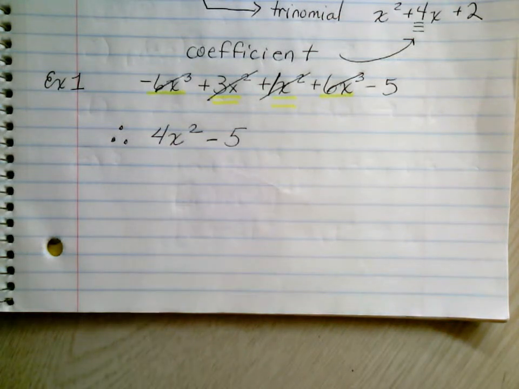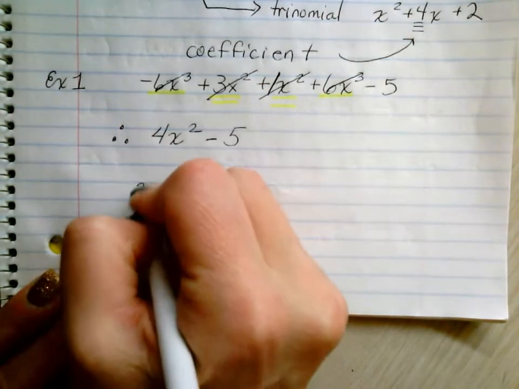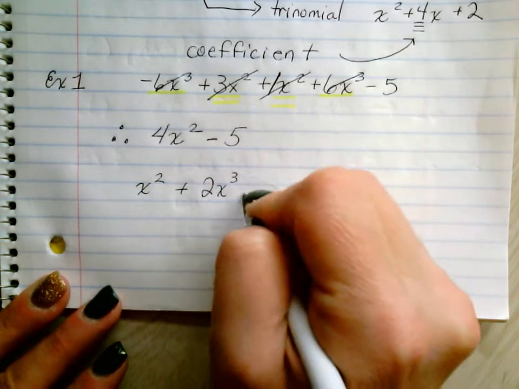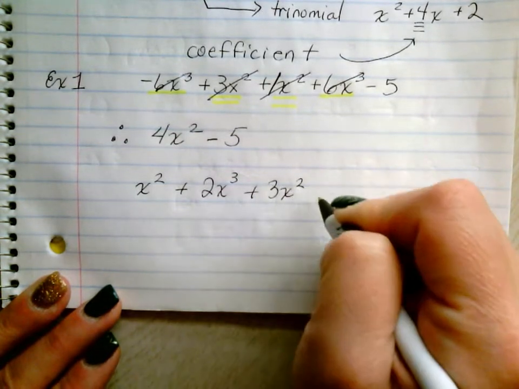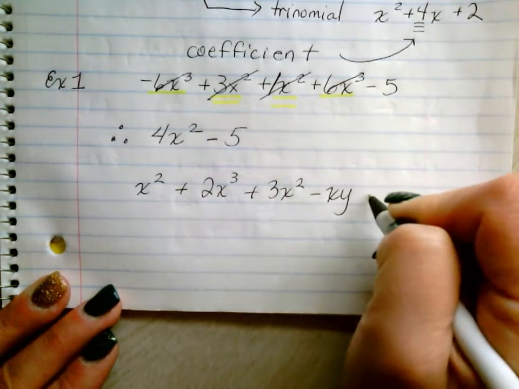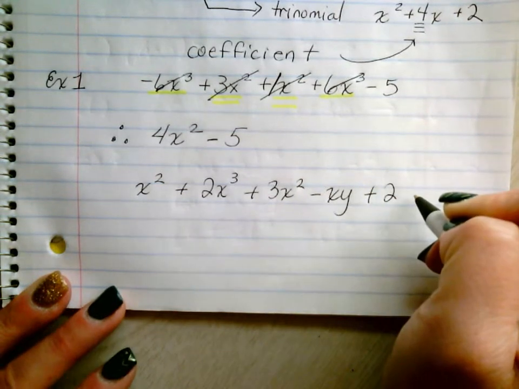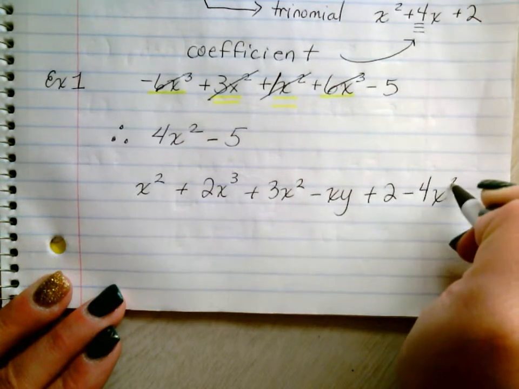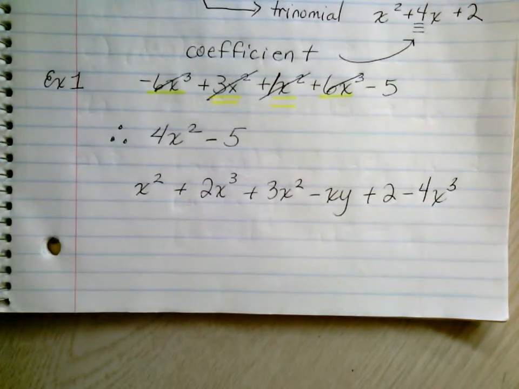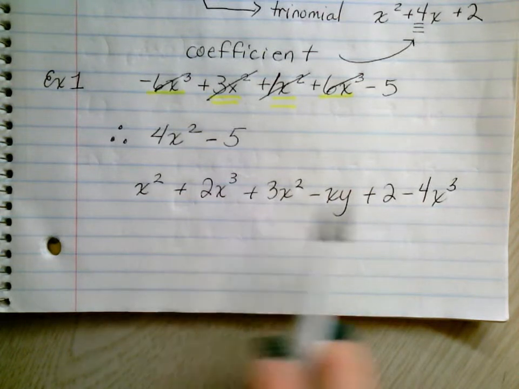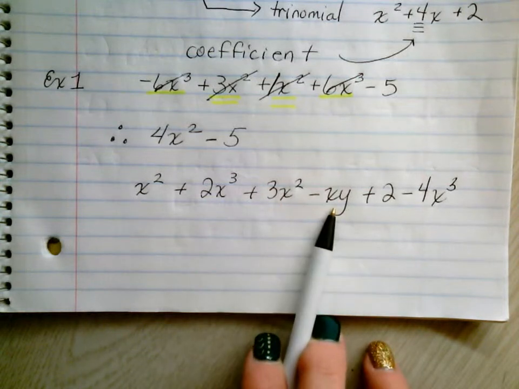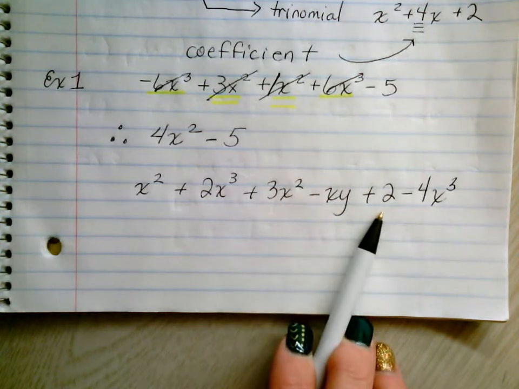Okay, so like if there's x's, xy's, y's, y squareds, I would take something like this, and when I simplify it, start with my x cubes, then do my x squareds, and then do my xy, and then the number, okay?